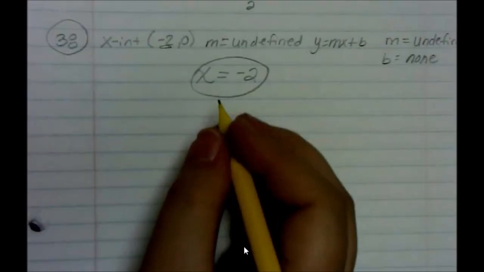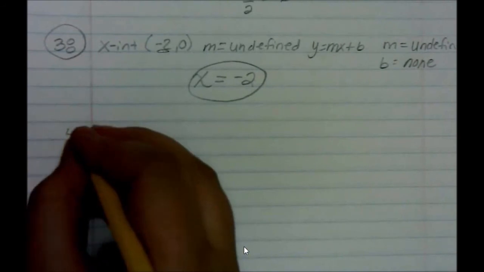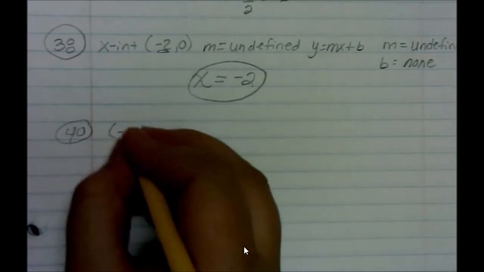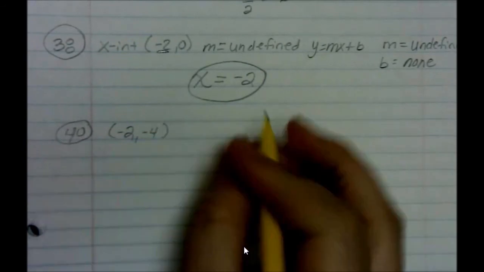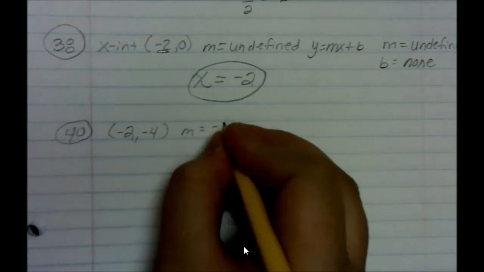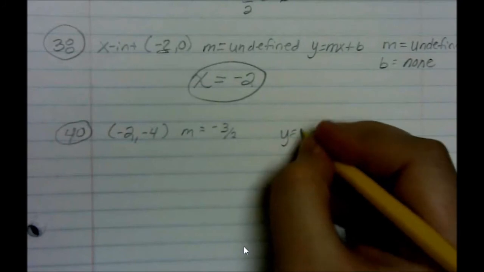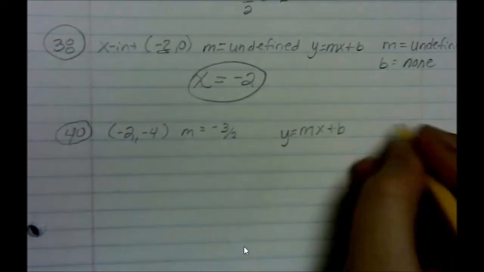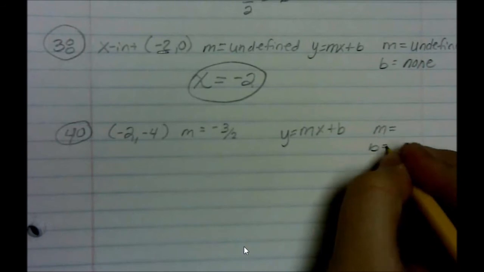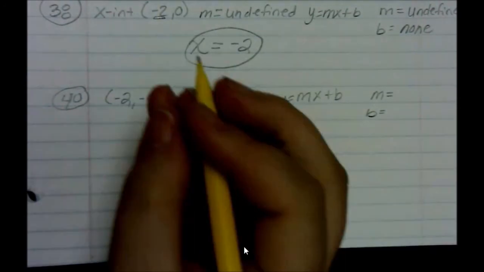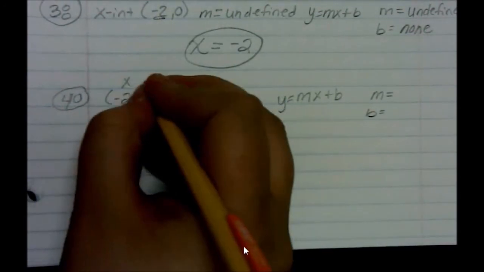Now to look at number 40. 40 says that it passes through the point (-2, -4) with a slope of -3/2. Write the equation of a line, which is y equals mx plus b, and your m equals and your b equals. Well, this problem is just like numbers 12 through 22 even.